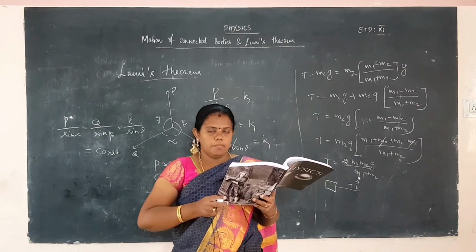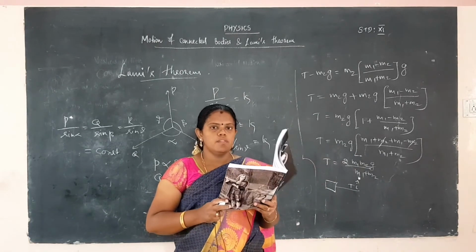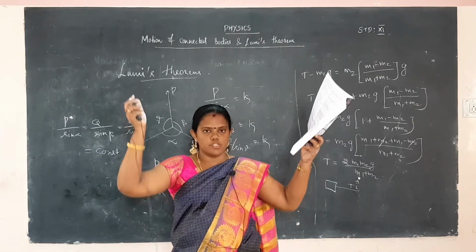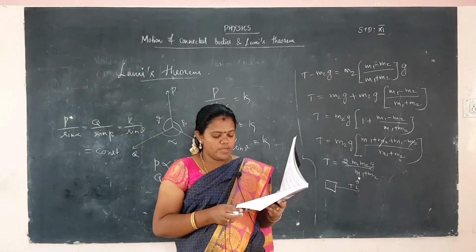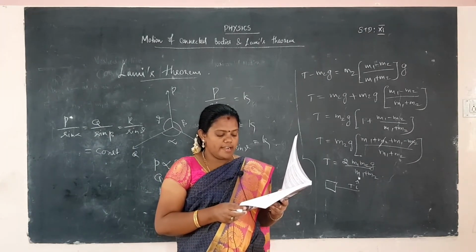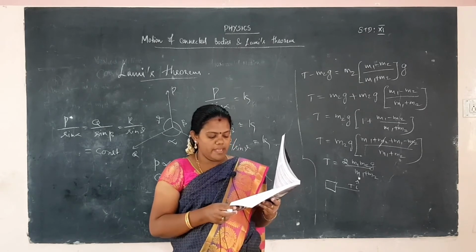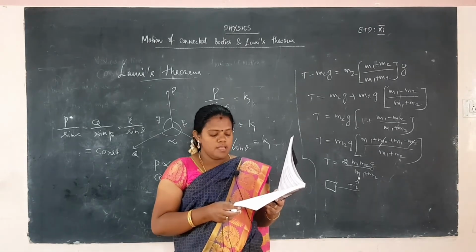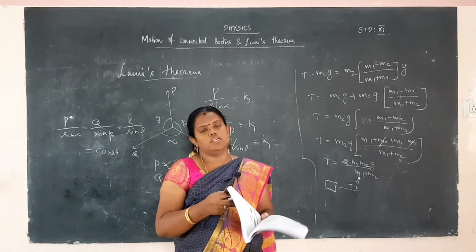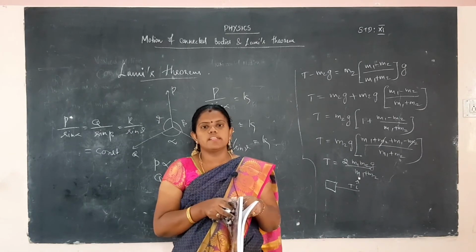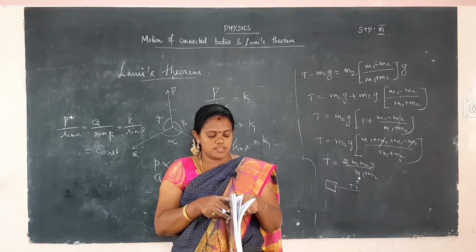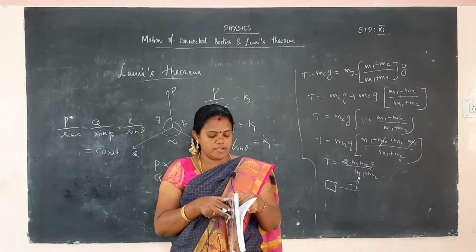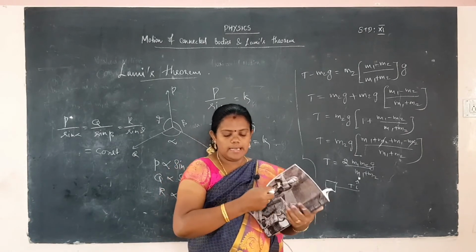The swing has two strings hanging with two identical chains. Identify the forces acting on the baby. Apply Lami's theorem and find the tension acting on the chain. So we want to calculate the tension, and to calculate the tension acting on the string we use Lami's theorem.